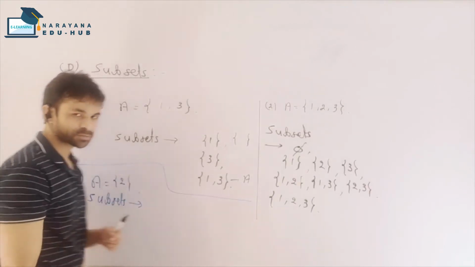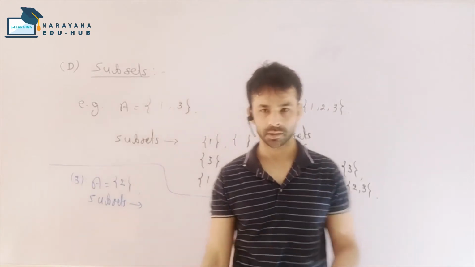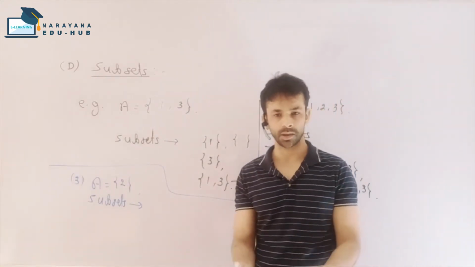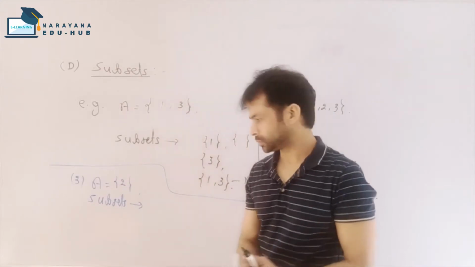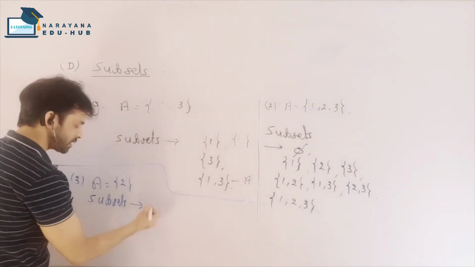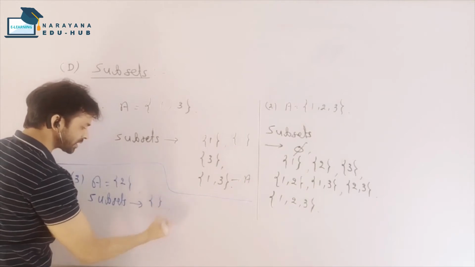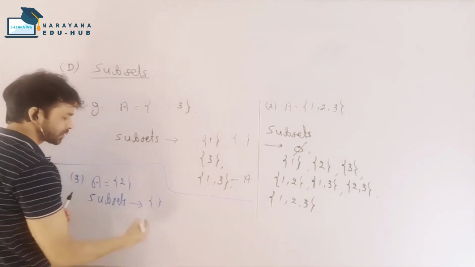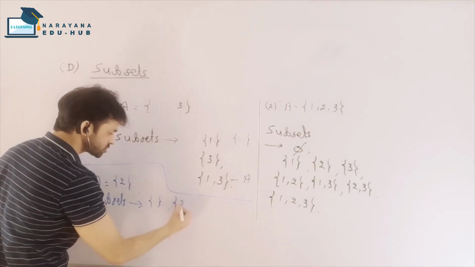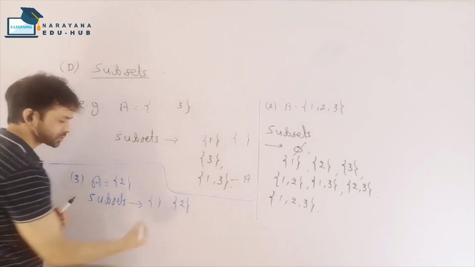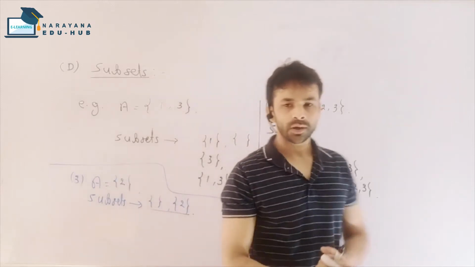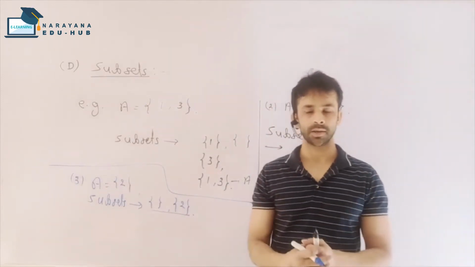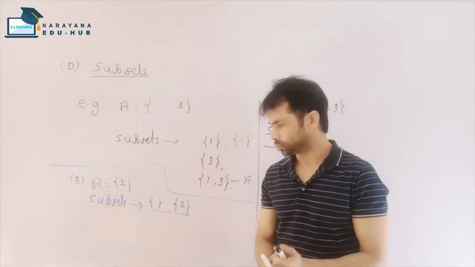So what are the subsets? Now you can think easily. It's very easy. First of all, phi, because we don't require anything. Then this set itself. Just two subsets. Okay, so now I think the idea of subset is clear to you.